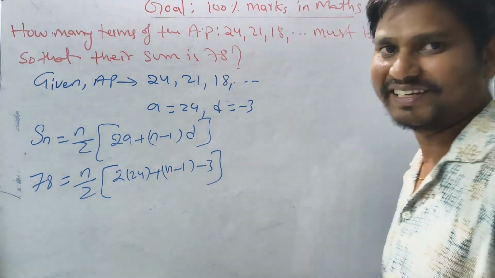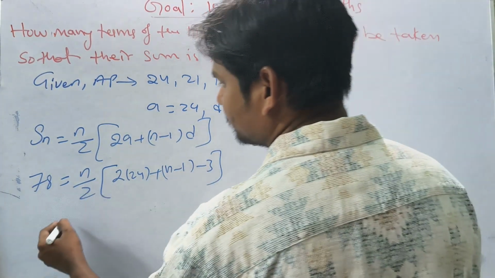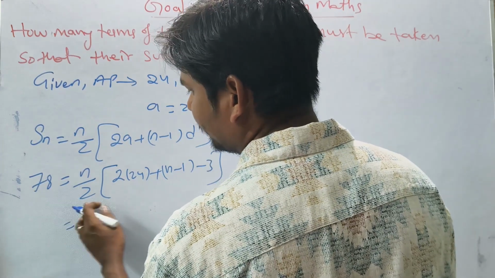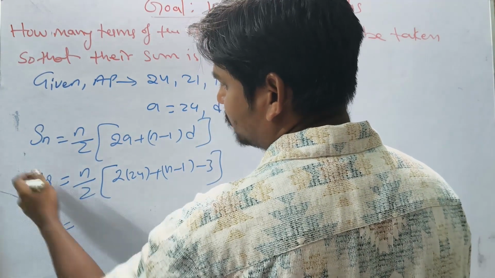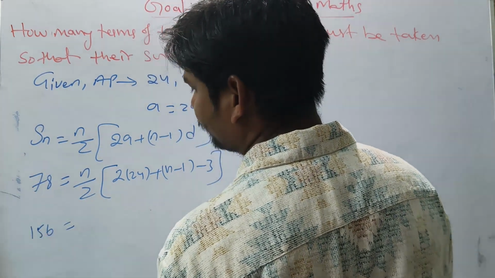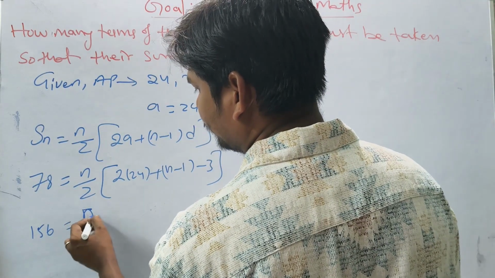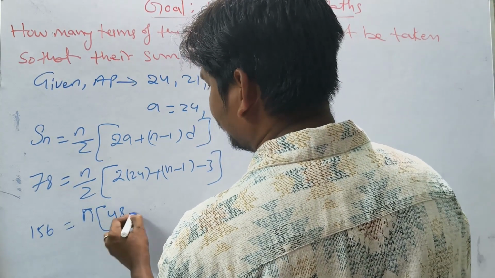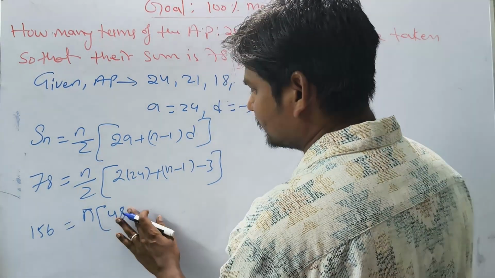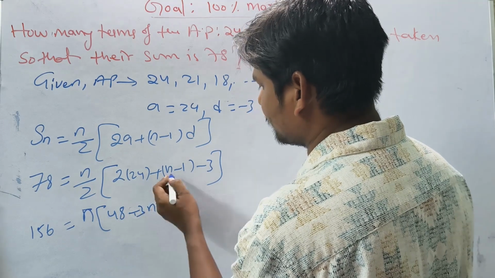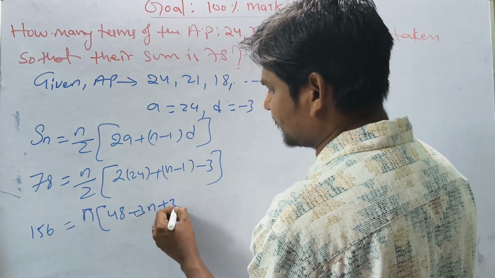Clear? Now see, if you simplify this, the 2 is dividing here, so if you transpose it to this side it is multiplying, giving 156. Now n into 2 into 24, 48, plus minus 3 into n, it becomes minus 3n. So minus 3 into minus 1 is plus 3.